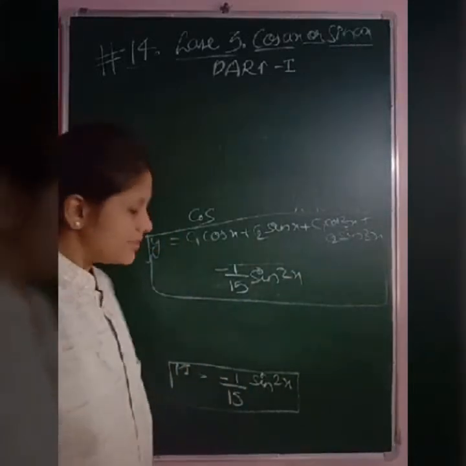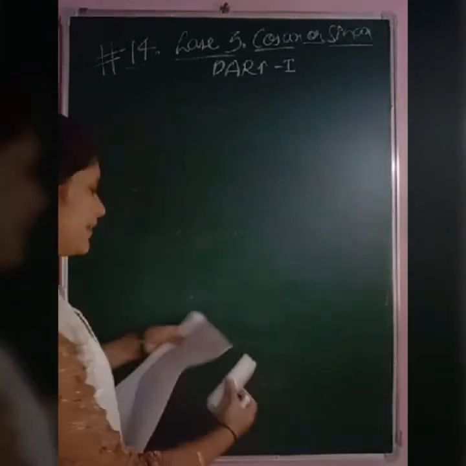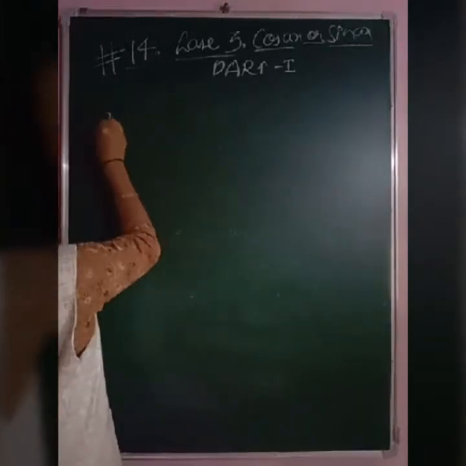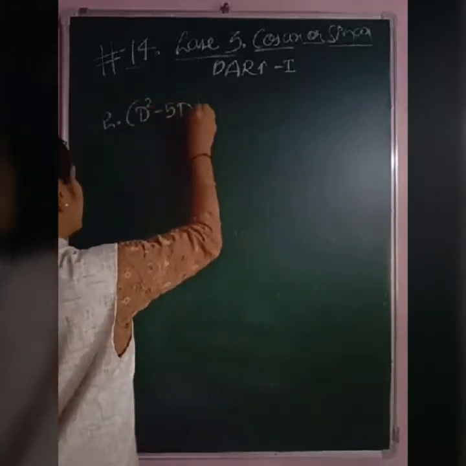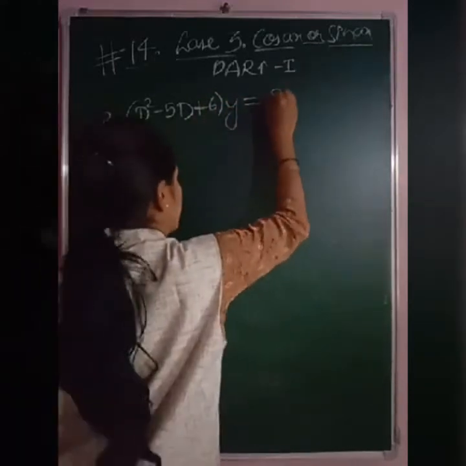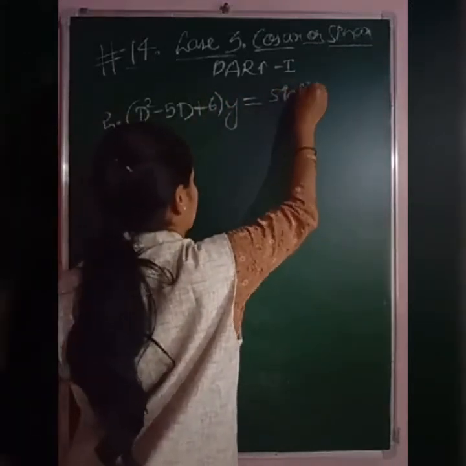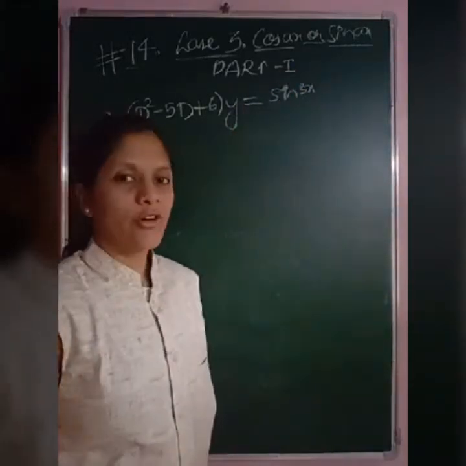Now let us see the second example. It has been given as: solve D squared minus 5D plus 6 of y equal to sin 3x. Again it is the direct form, that is the sin ax form.